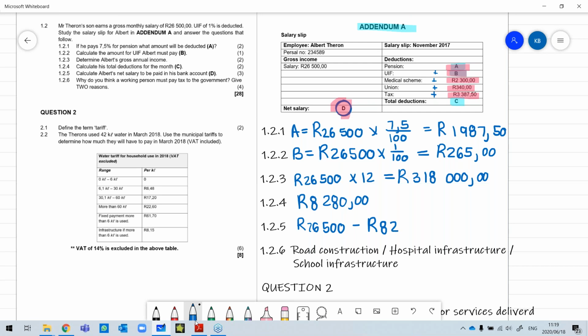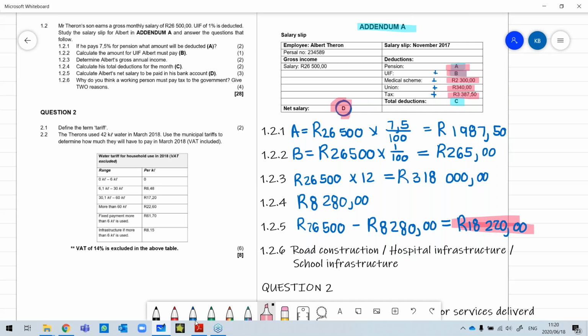We've just calculated that as 8,280 Rand. And the difference is 18,220 Rand. That means the amount that he takes home for all other personal expenses is 18,220 Rand.